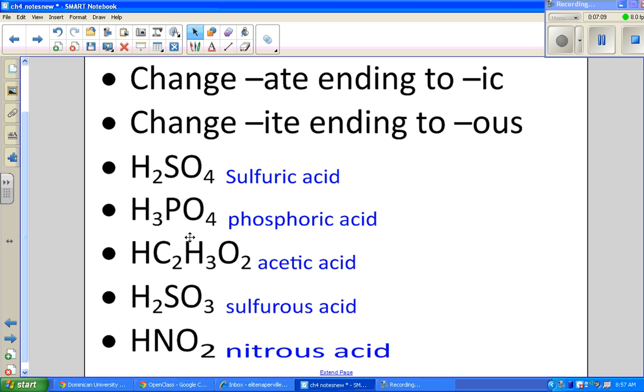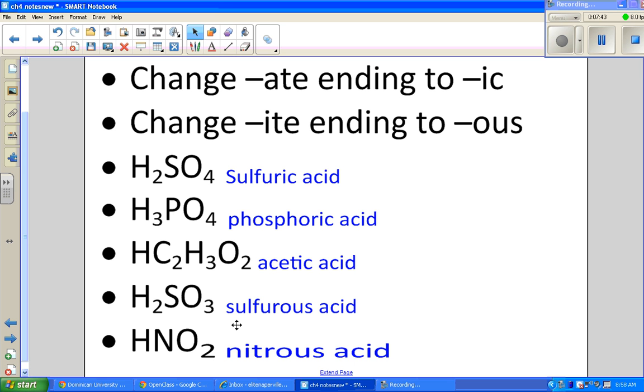H3PO4, PO4 is phosphate, and the element here is phosphorus, so this becomes phosphoric, not phosphorus, acid. In this formula, C2H3O2 is called acetate. There is no one element that stands out here, so it's not like carbate acid, nothing like that. This is called acetic acid. So instead of acetate, you cut off the ATE and call it acetic.